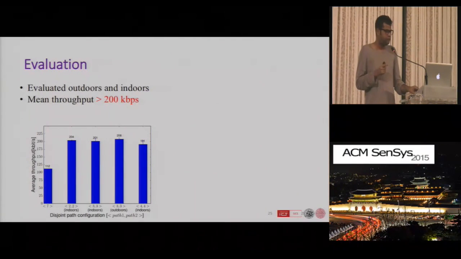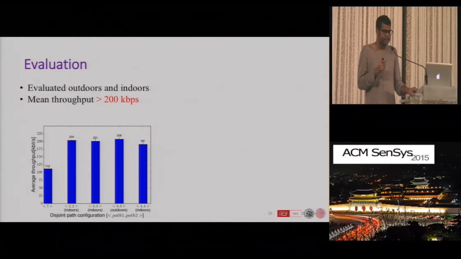The first experiment we did was to evaluate the performance of the DPT protocol. On the slide, you see a graph which shows the average throughput that we achieve for the different instances of the experiment. On the x-axis, you have the routing configuration where 3,3 indicates that there are 3 links in each of the disjoint paths.